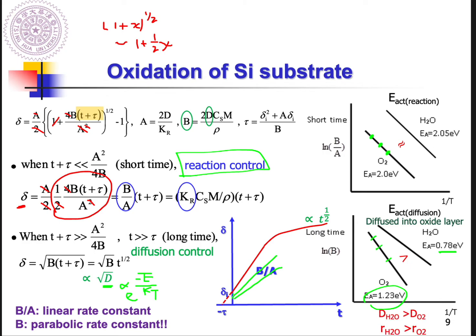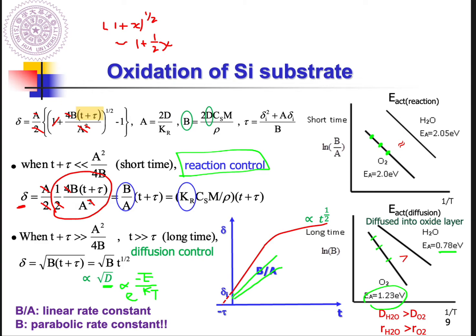So that also tells you the diffusivity of the water vapor in the oxide layer is faster than the oxygen. So definitely for long reaction time, or longer processing time, the growth rate using the wet method will be faster than using the dry method.